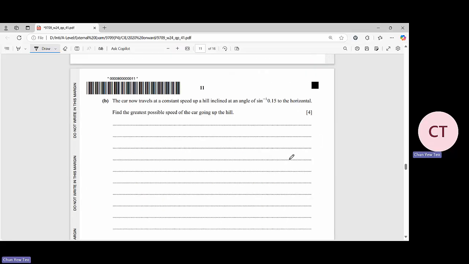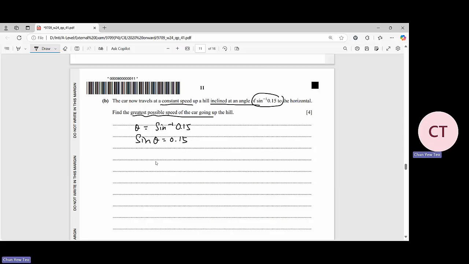Now we move on to part B. The car now travels at a constant speed again, up the hill incline at an angle of arcsine of 0.15. That means the sine theta is 0.15. So they want you to find the greatest possible speed of the car going up the hill.